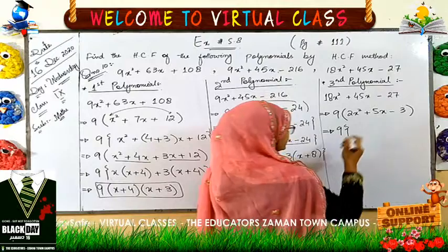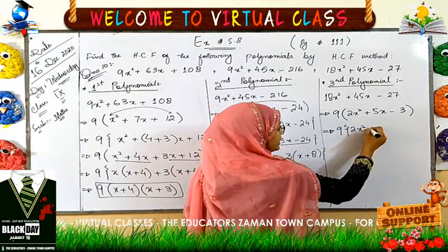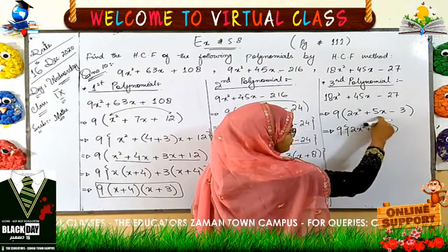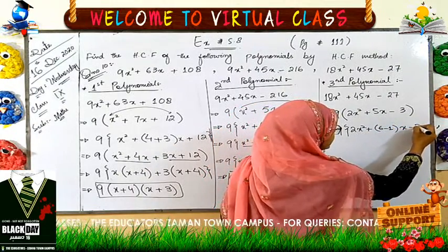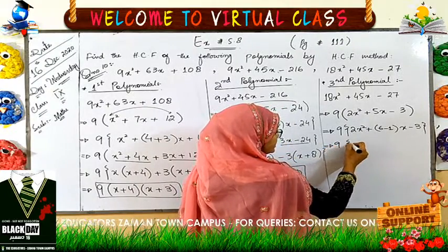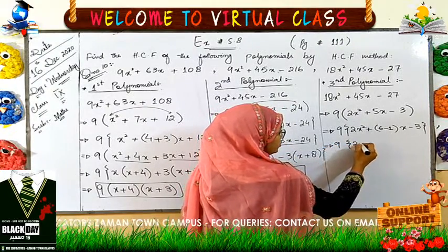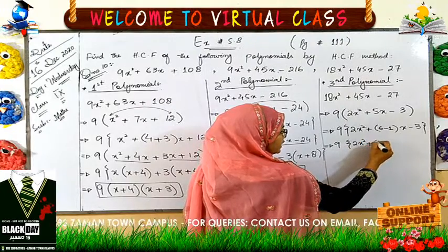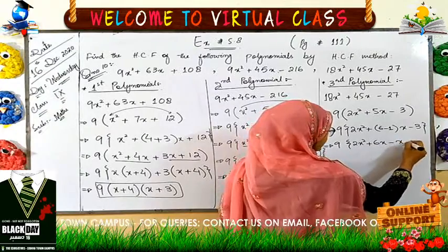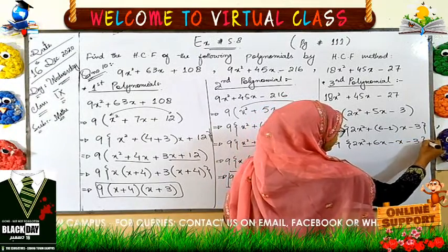For subtraction, 2x square plus, in place of 5x we will write 6 minus 1, which equals 5x minus 3. Opening bracket, 9 as it is, 2x square plus 6x minus x minus 3. Right?